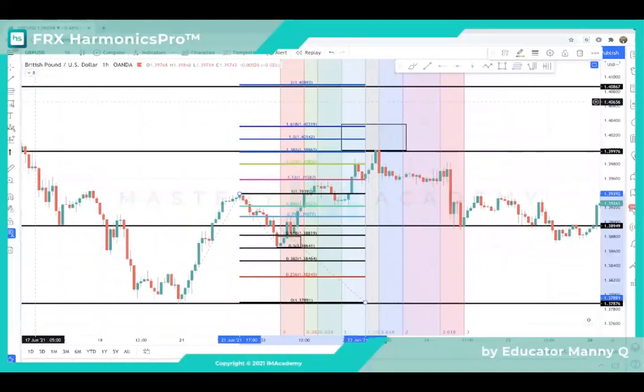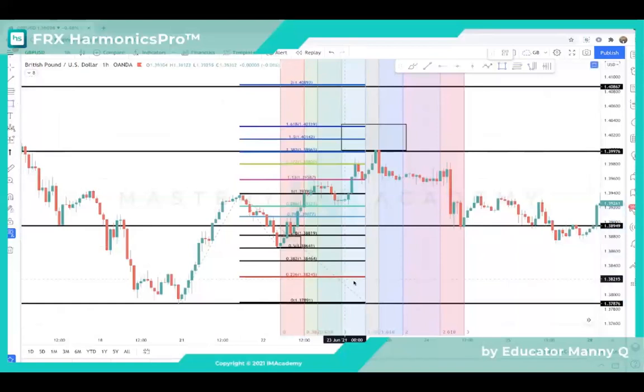I'm going to come right over here to my fibs, and I'm going to look for my 138.2 to my 160. You see the 138.2 to the 160 on my fib zones? So I'm going to come over here, and my 138.2 to my 160 right here in this price zone. Boom.